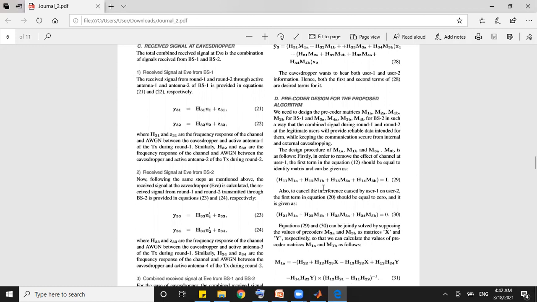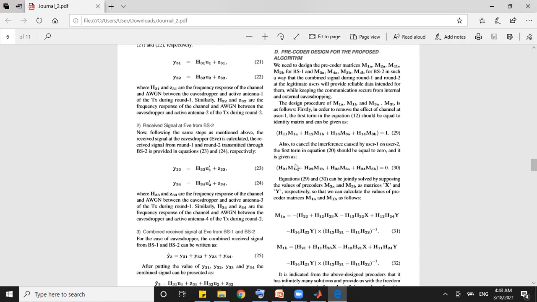The first term of the receive signal at user 2 is equated to 0, and the first term of the receive signal at user 1 is equated with the identity matrix, and by solving these equations simultaneously, following linear algebra, we considered the values of M3 and M3b as matrices X and Y. These matrices can be any value from the infinite number of matrices.